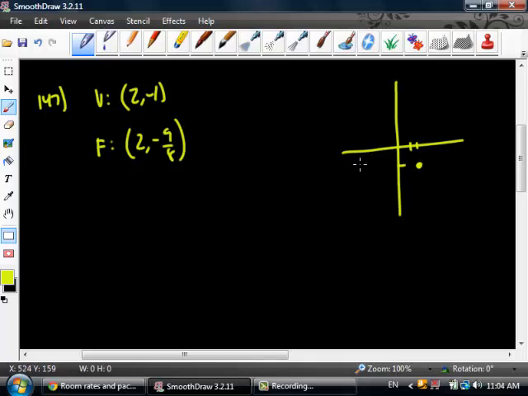Is -9/8 above -1 or is it below -1? It's below it, because 9/8 is bigger than 1, and if it's negative, it's going to be smaller. So what is the only direction that this parabola can open up?